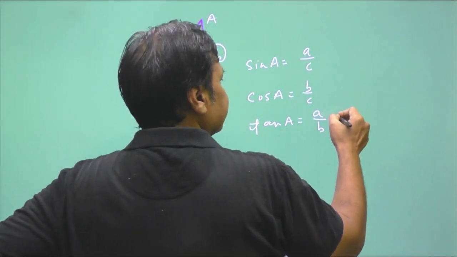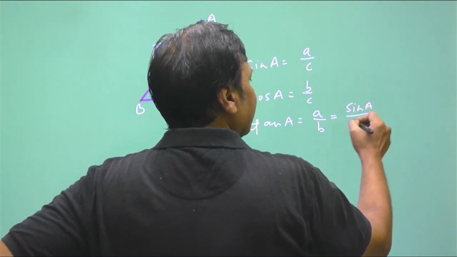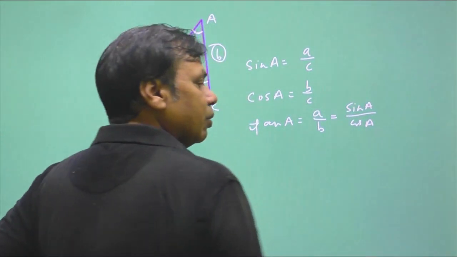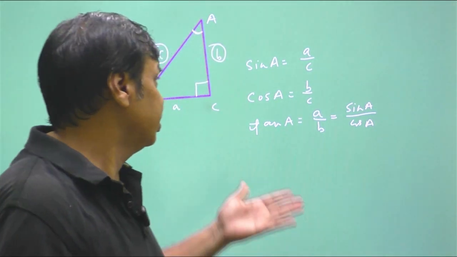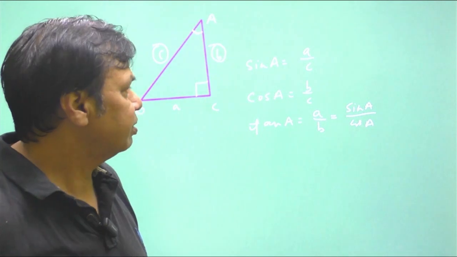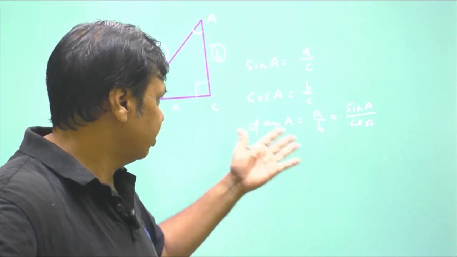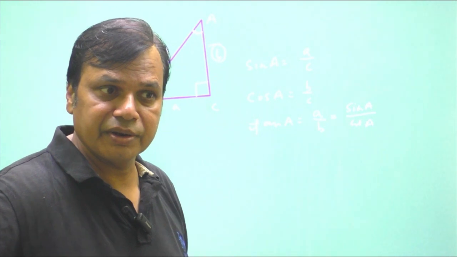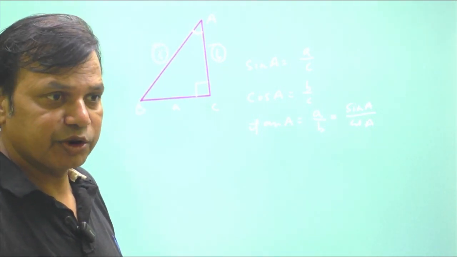And so tan A can be written as sine A upon cos A. And you know that cosec A is the reciprocal of sine A, sec A is the reciprocal of cos A, cot A is the reciprocal of tan A. So, nothing more to discuss here.